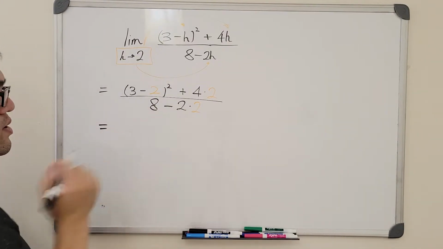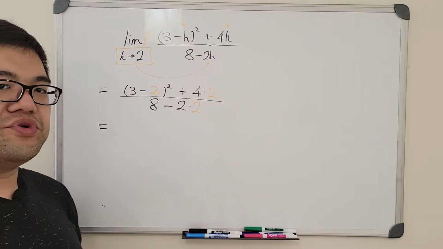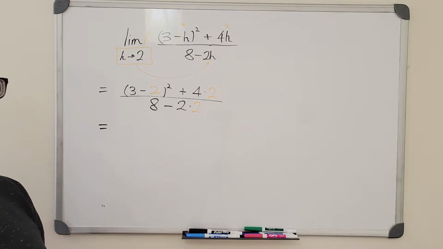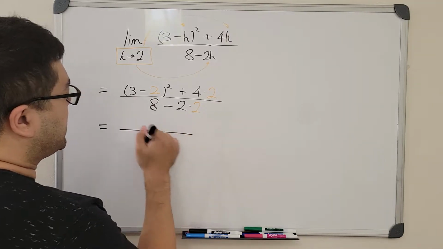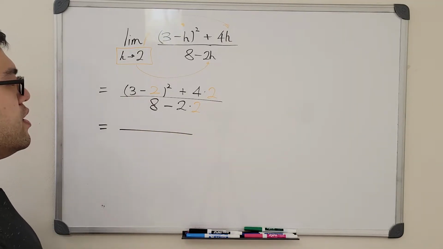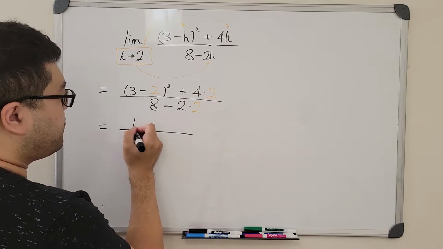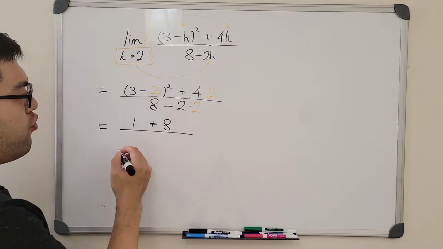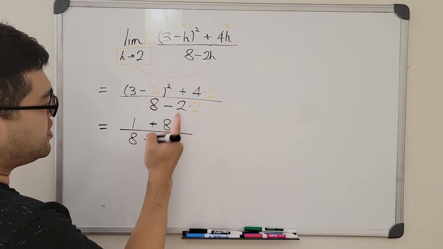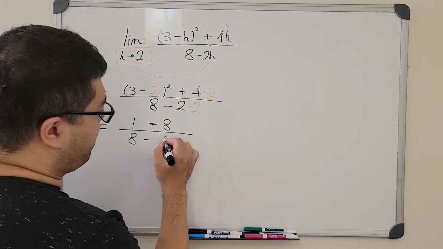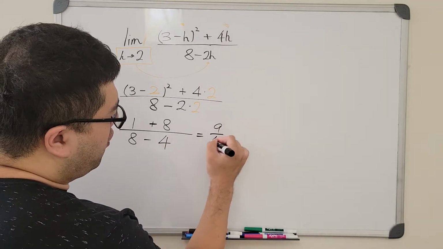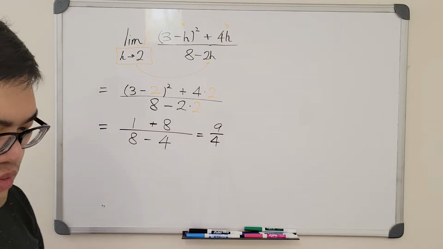Then we're done with the substitution, and we just need to finalize the calculation. So we get 3 minus 2, which is 1. Squared it is still 1. Plus 4 times 2 is 8. Over 8 minus 2 times 2, which gives us 4. So we end up with 9/4 as the answer.